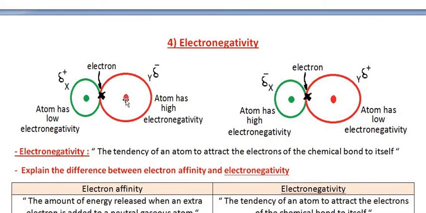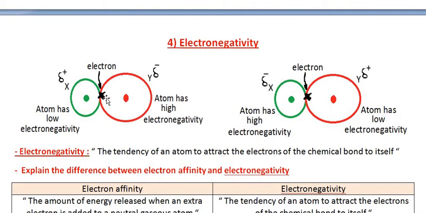If the attraction between this nucleus and the electron is greater than the attraction between the same electron and the other nucleus, this means that the electron will be close to this one because attraction is greater, and far away from this one because the attraction is lower or weaker.